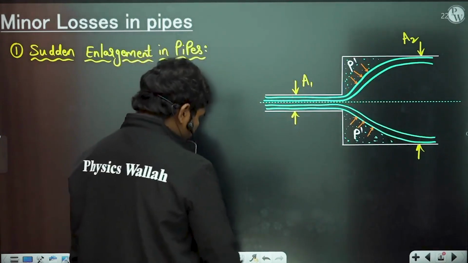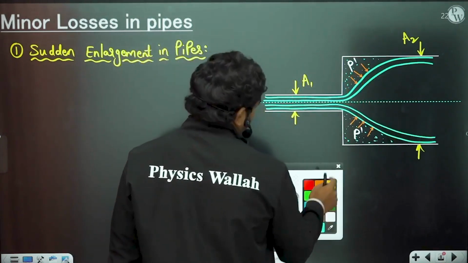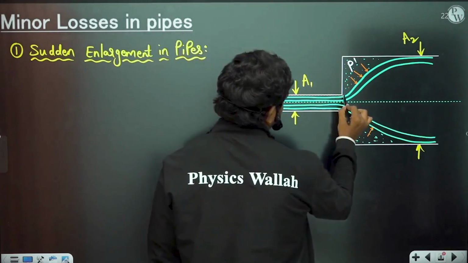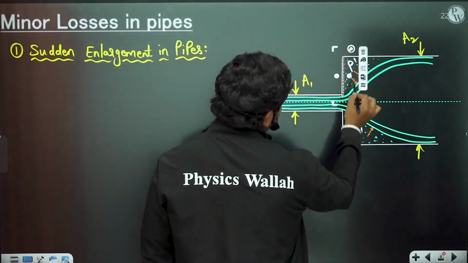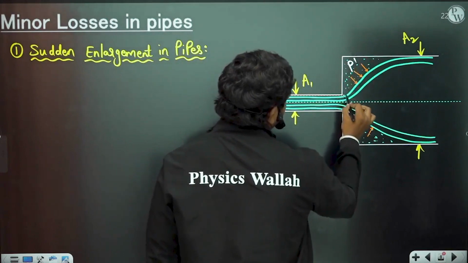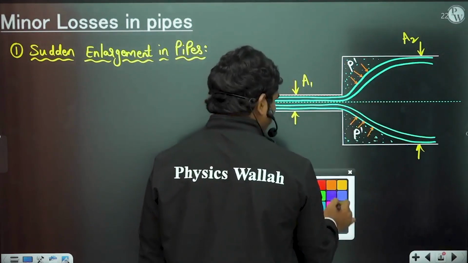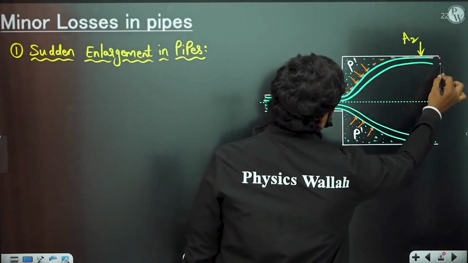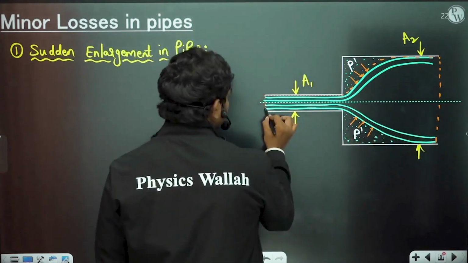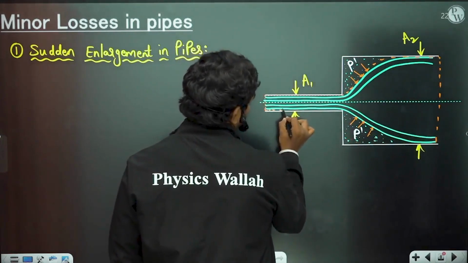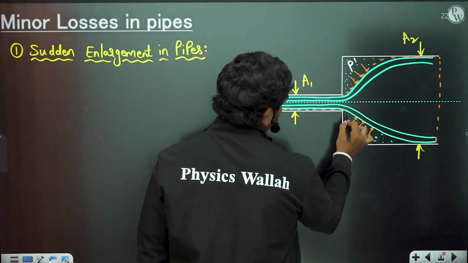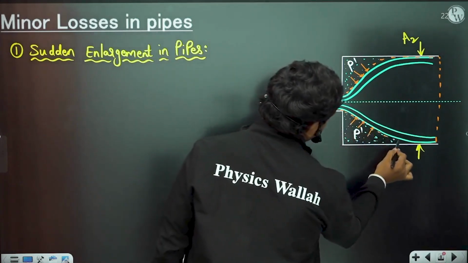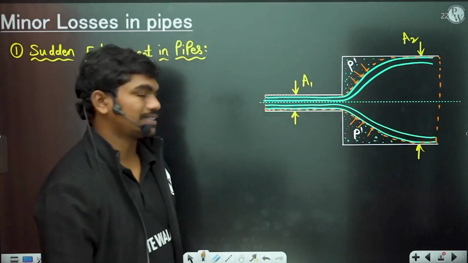Now if you take a control volume, let us suppose this is the control volume, which is here, along the flow.